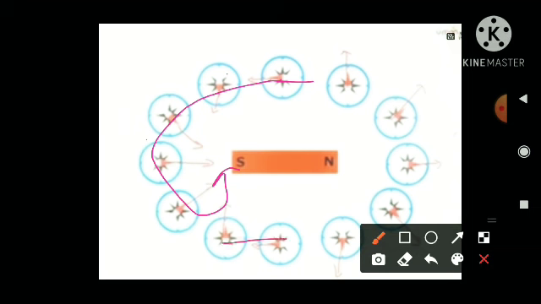So wherever the red needle points, that is the north side. It's not that north to south is the direction. The direction is where the magnet starts its direction, that is the north side. I hope you are understanding it.